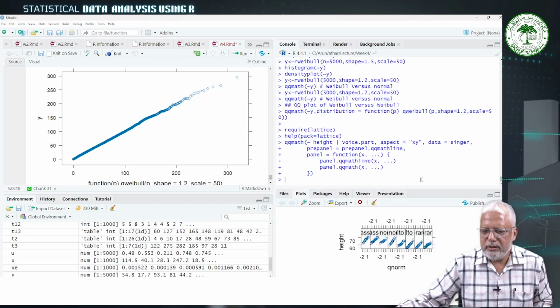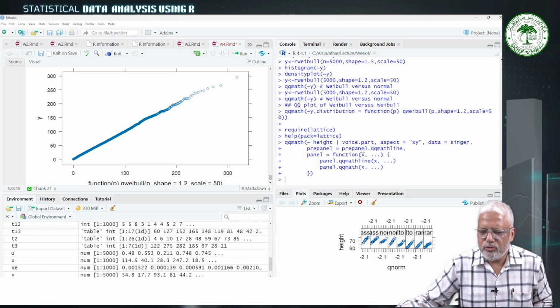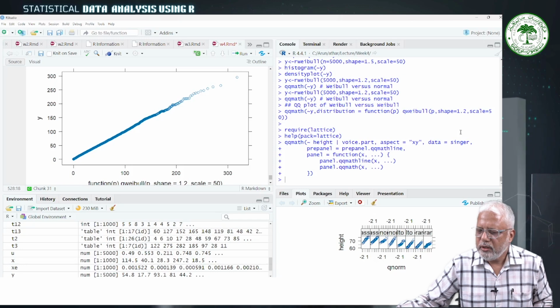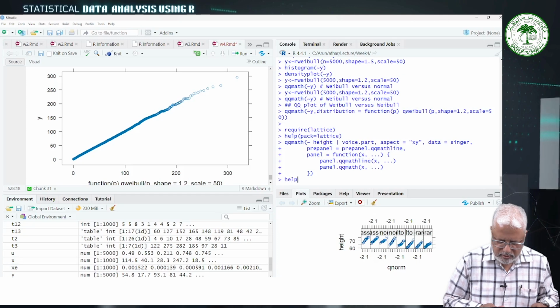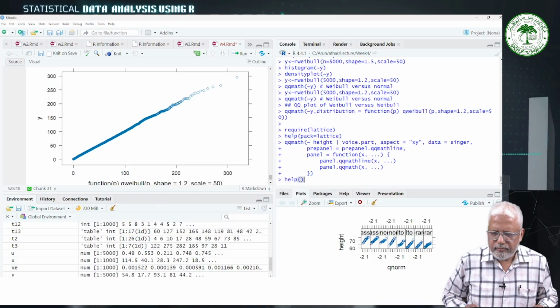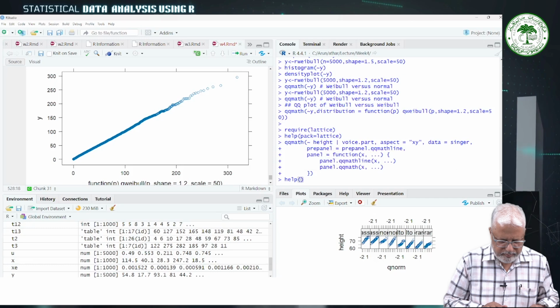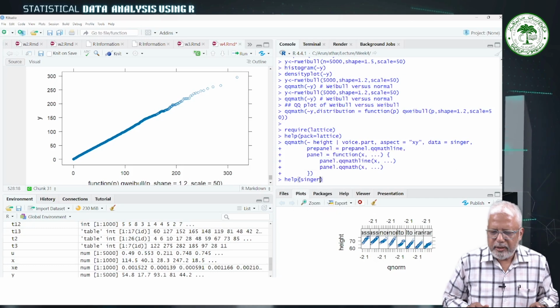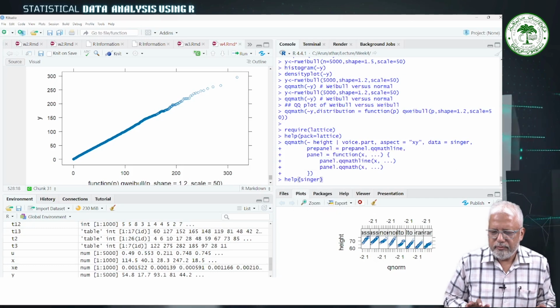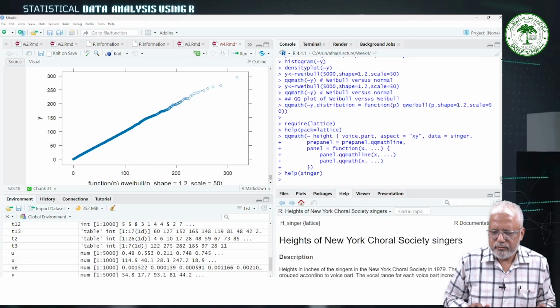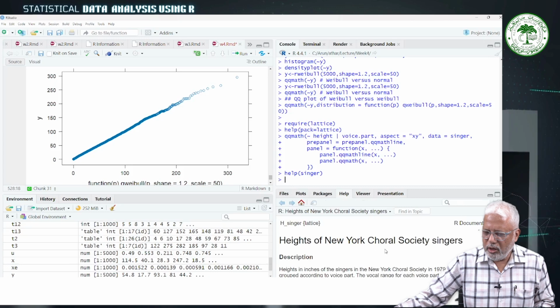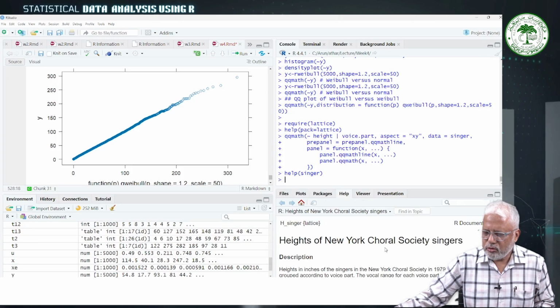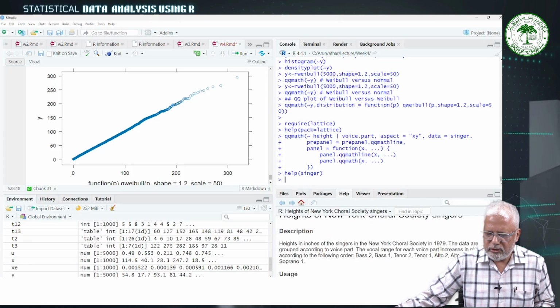The data is singer; help singer. Heights of New York Choral Society singers.